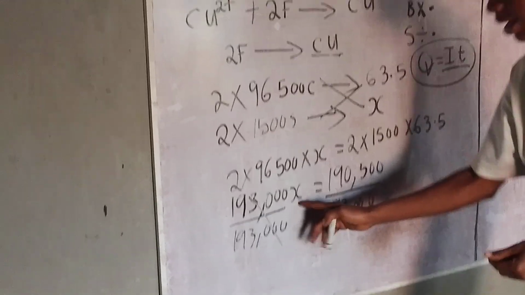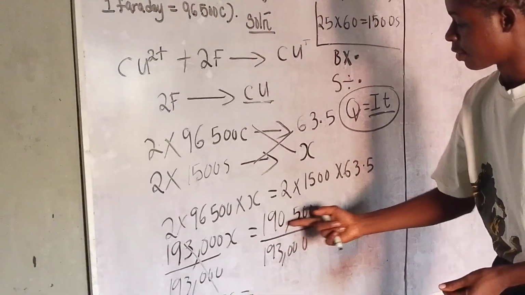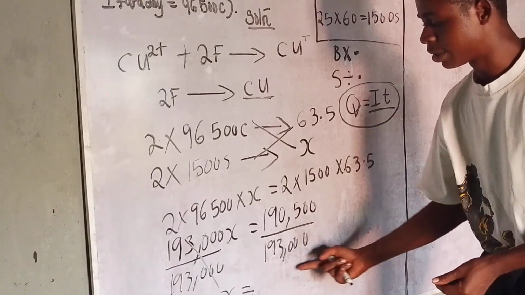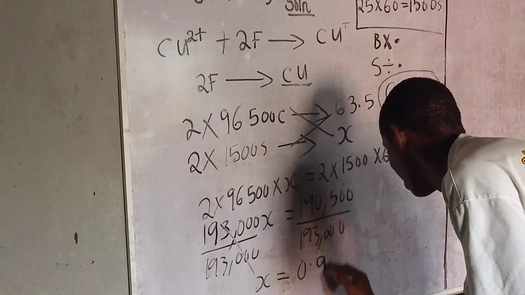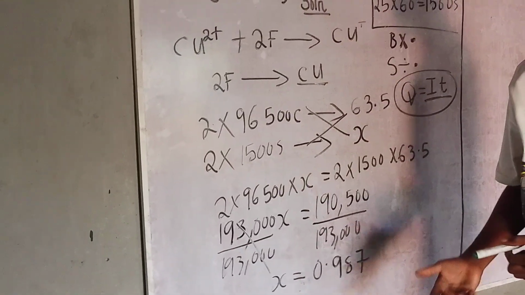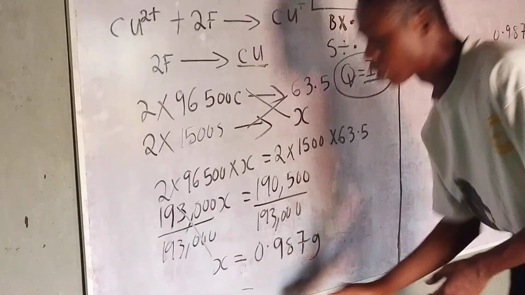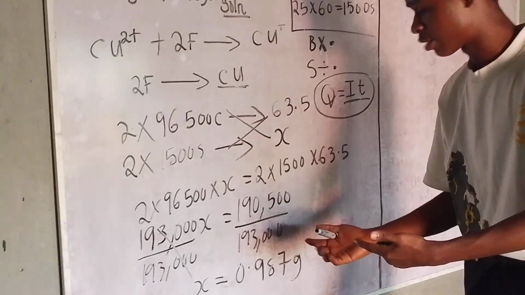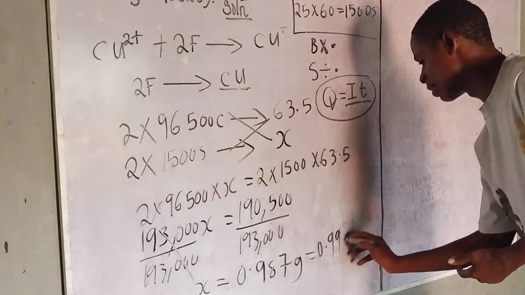What we have left is x. So x is equal to 190,500 over 193,000. Dividing them both is going to give us 0.987. Since we're looking at the mass, that is grams. So 0.987 grams. If you want to make it shorter by approximating it, you can have a result of 0.99 grams.